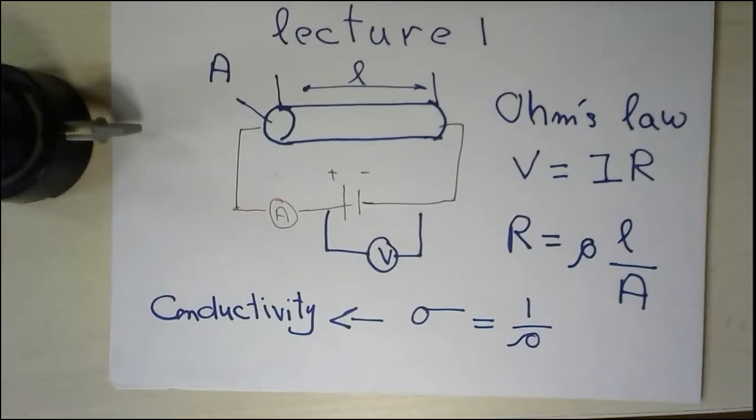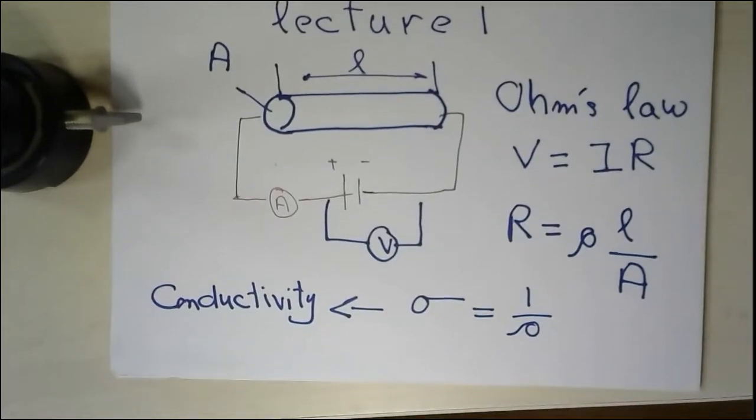It's inversely proportional. So as the resistivity increases, the conductivity decreases, and vice versa. So by these simple 3 steps, and only using a voltage source, a voltmeter and an ammeter, you can calculate the resistivity of different materials just by doing this very simple experiment.